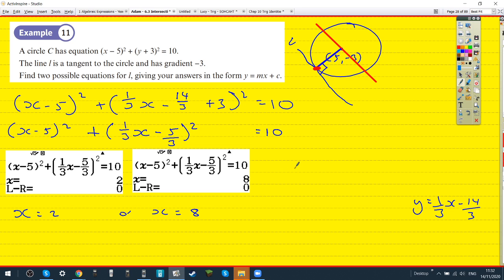We're trying to find the equation of the line L. So would the coordinate of both of them be x? No, it would be 2, 0 and 8, 0. Well, we don't know that y is 0. And so, what would the y coordinate be? We don't know what it is. How can we find it? Y equals.